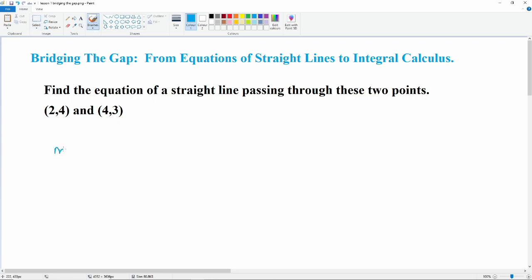Okay, so our slope is equal to change in y over change in x, which is equal to 3 minus 4 divided by 4 minus 2.